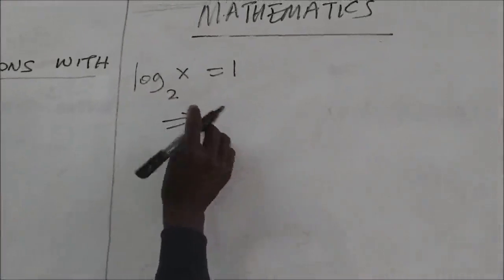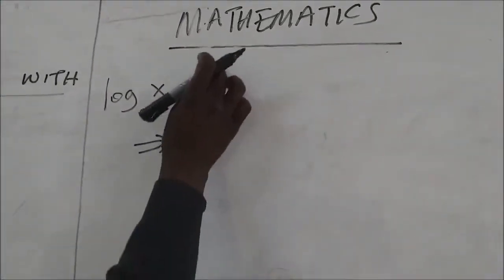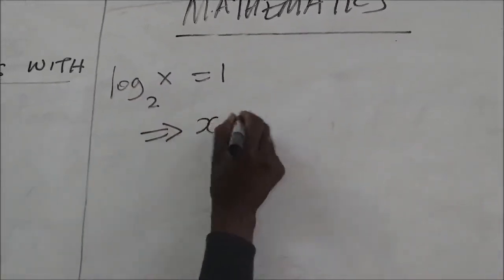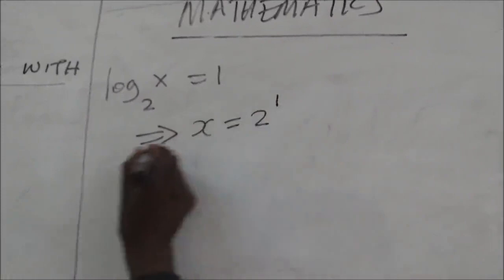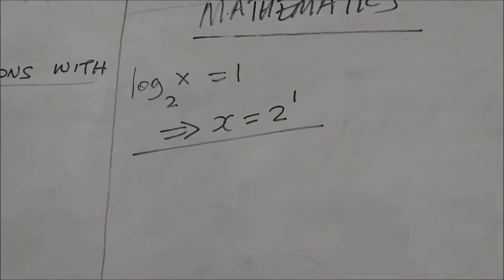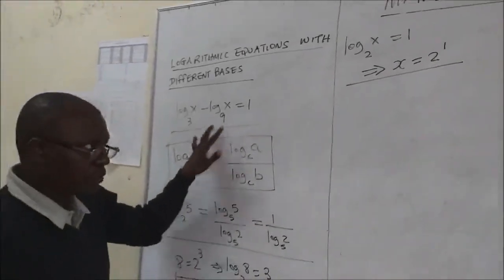You can change it to exponential form, where this is the power, this is the number, and this is the base. And so we shall have that x equals 2 to the power 1. Now, with those two concepts, we are ready to take on this equation.